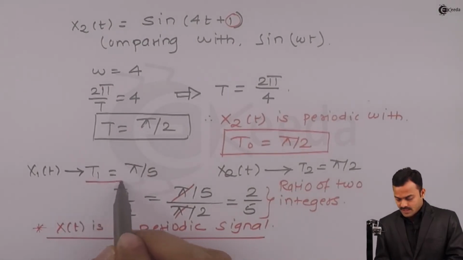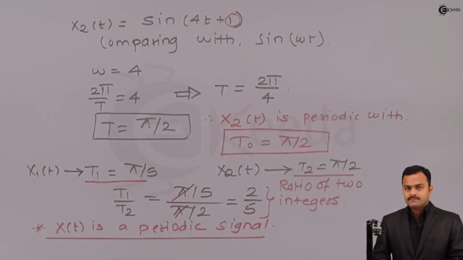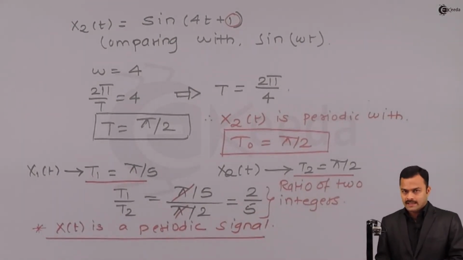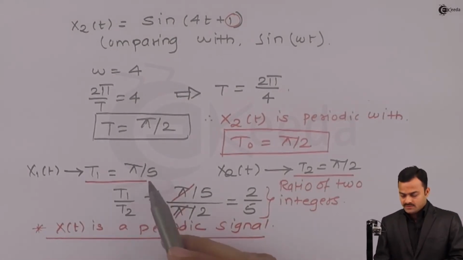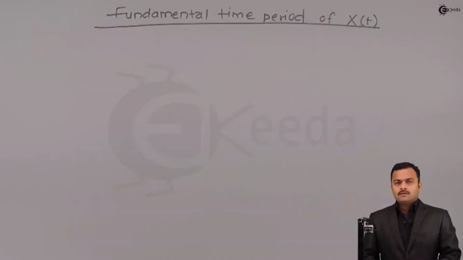But the problem is that T1 and T2 are not integers. So whenever such things appear, what we need to do is, let's plot x1(t) and x2(t).